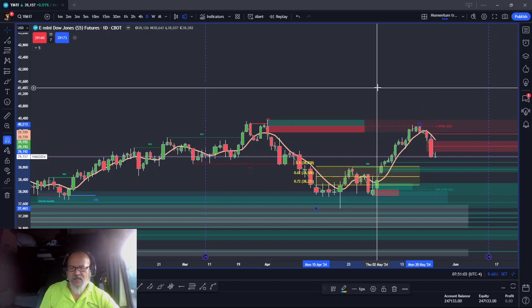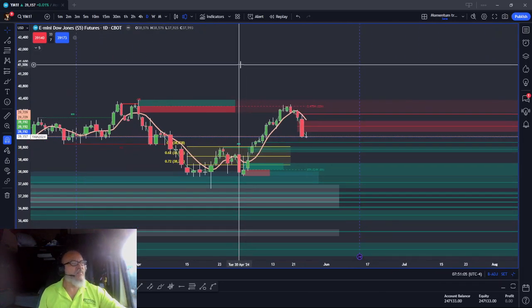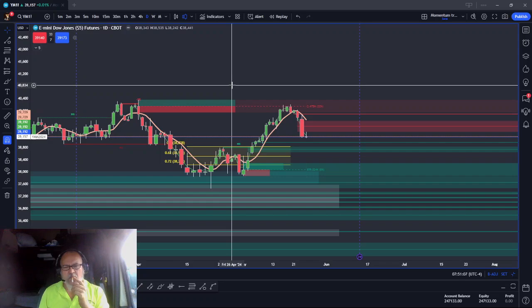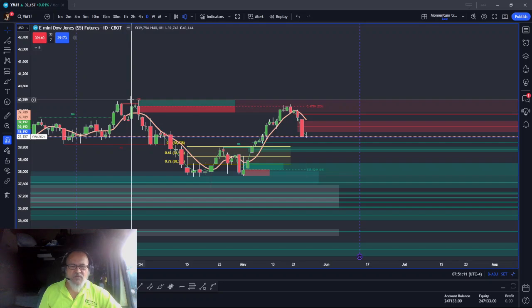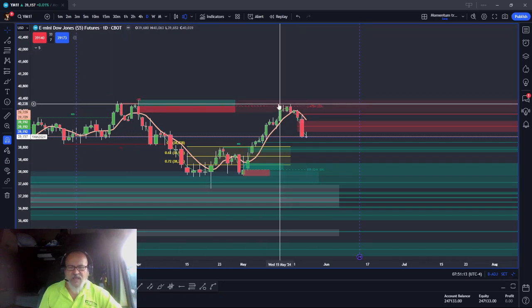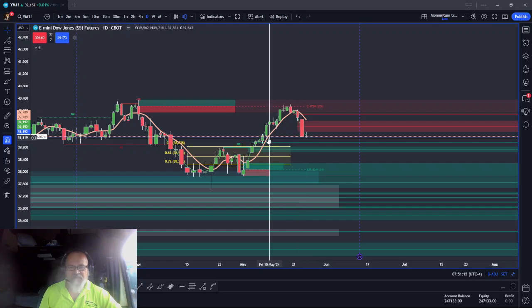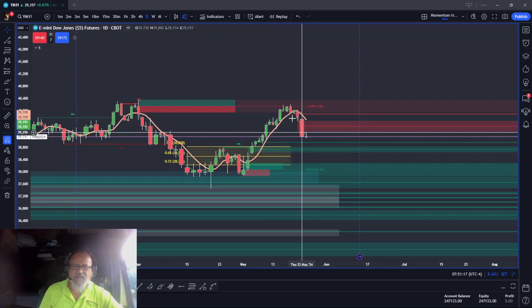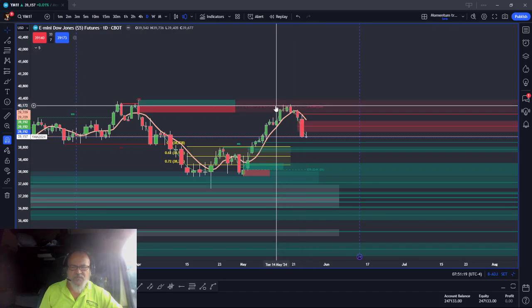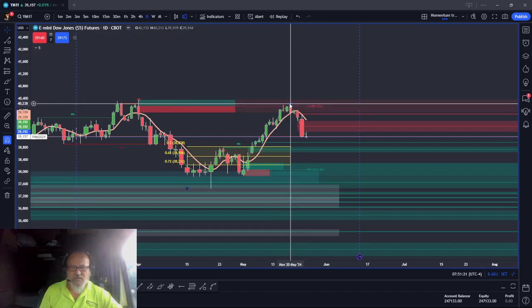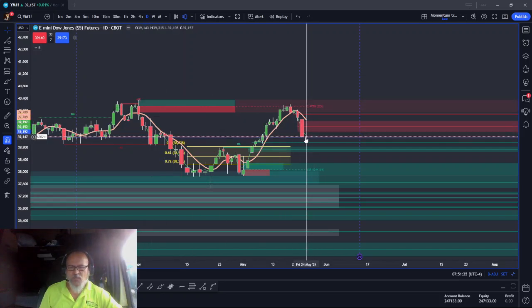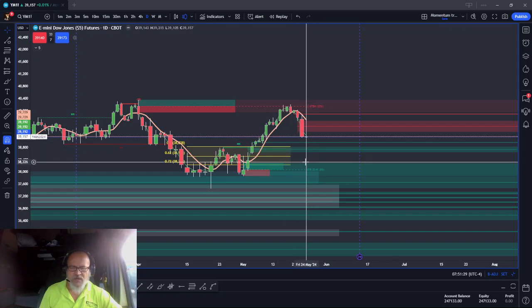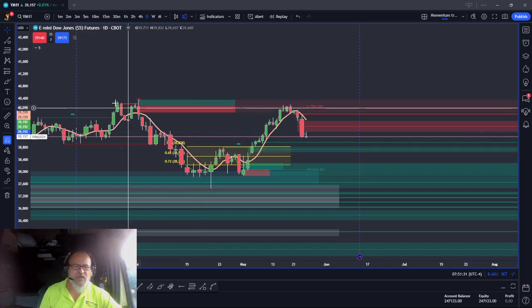The daily. We came up to the key level, which was the all-time highs, and we've now displaced from that. So that is showing a rapid movement away from that level, which gives me the indication that we definitely are going to go down a little bit further.